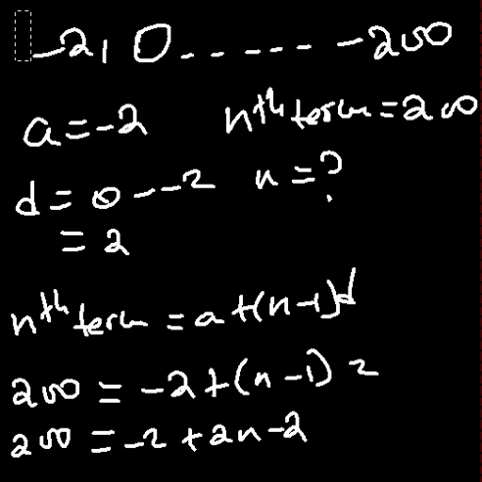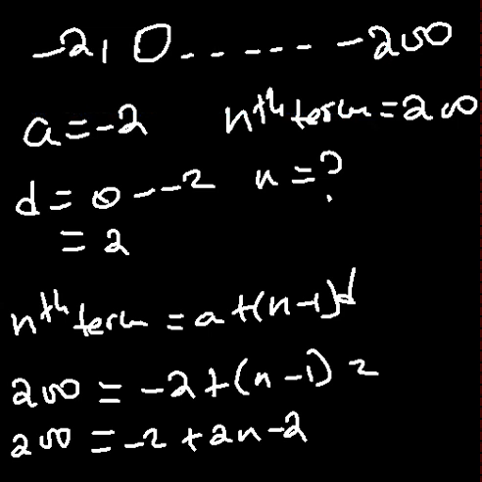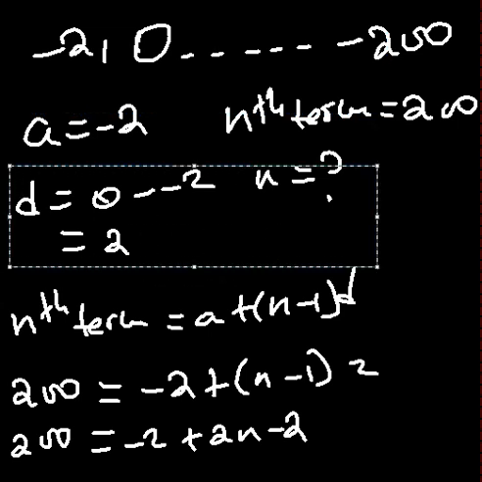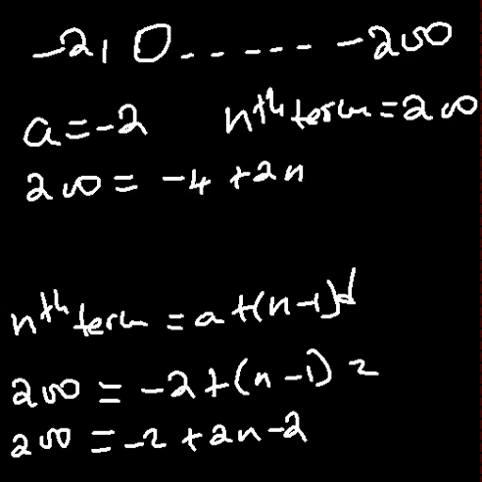Now we'll have 200 is equal to -4 plus 2n. That will be given as 200 plus 4 is equal to 2n.